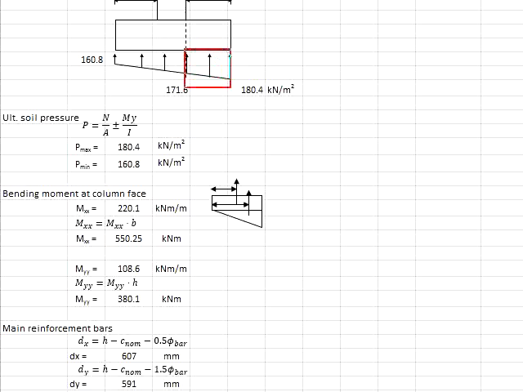From the trapezoid shapes of the stress here, it can be separated into two components, which are the rectangular shapes and the triangle shapes. Find the resultant stress due to the rectangular shapes on the basis of 171.6 kN per meter square, to be multiplied with the lever arm to the column face. That will give you the moment due to the rectangular shapes.